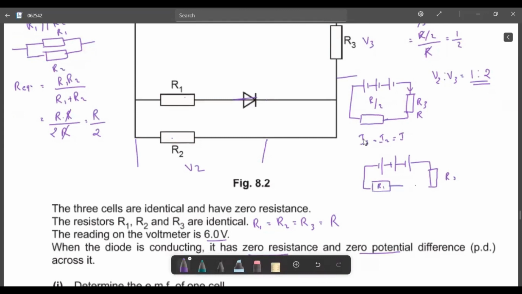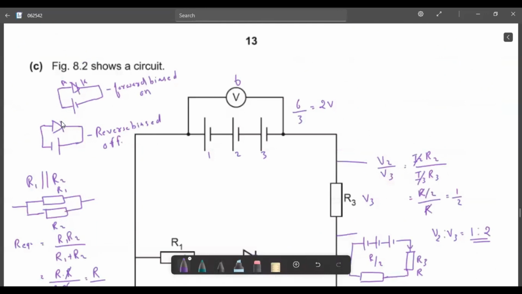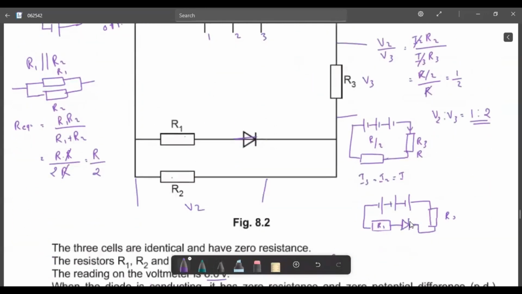Here the diode was there, right? But the diode will be in off position, because before, we were told the diode negative is connected to positive. Here the diode negative is connected to positive, which means the diode is in off position.